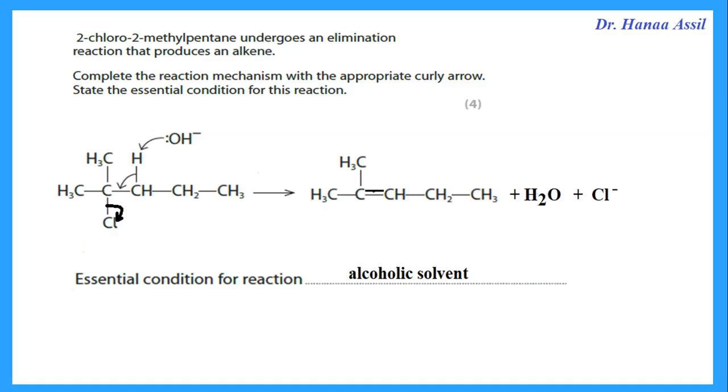So the next thing that happens is that the electrons of the C-Cl bond go to the Cl to form an alkene. The other product is water and Cl minus, and of course this happens when we have hydroxide in presence of alcoholic solvent or in presence of ethanol.